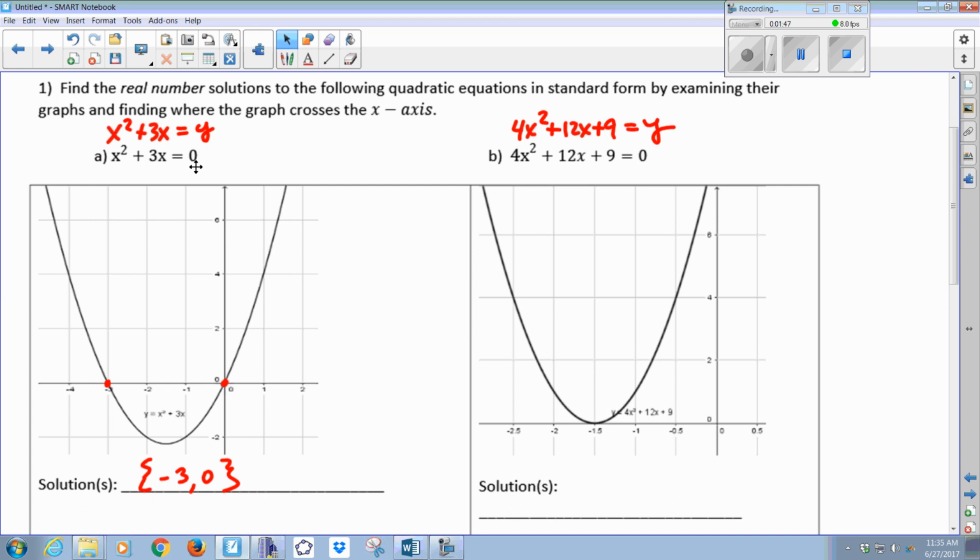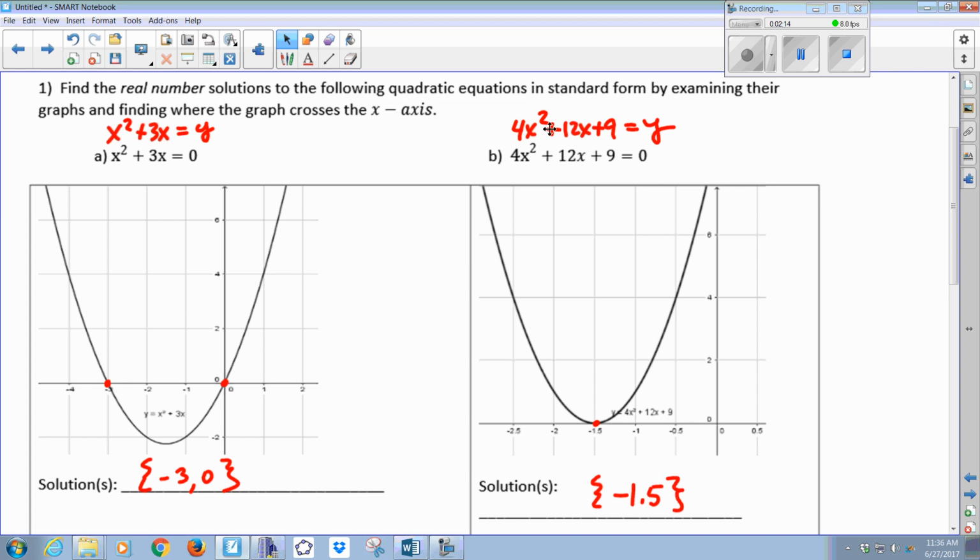That's this equation, and those are the two solutions for this equation. The graph you see here is 4x squared plus 12x plus 9 equals y, which again is a parabola, and it has an infinite number of solutions. We're interested in the particular solution when y equals 0, and if we look at our graph, we see that happens at one point, -1.5.